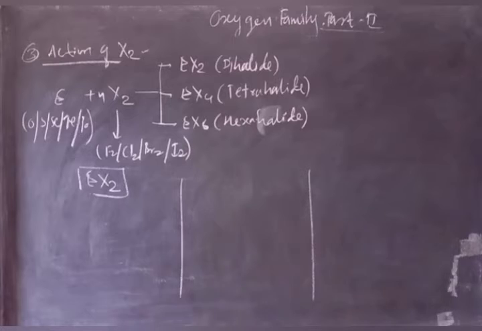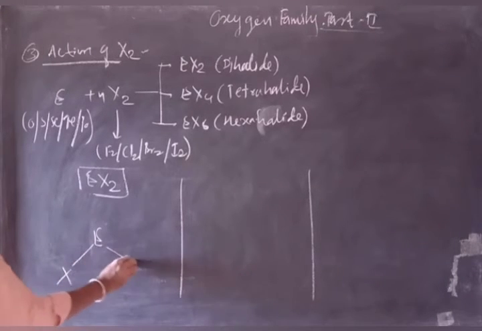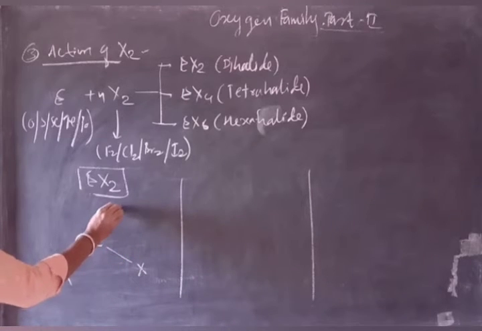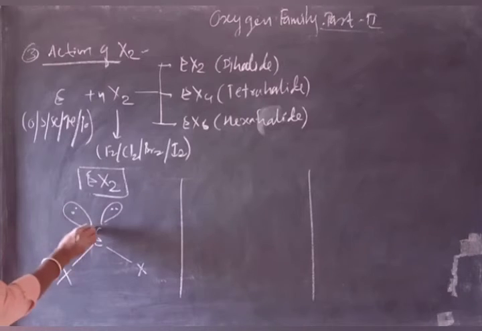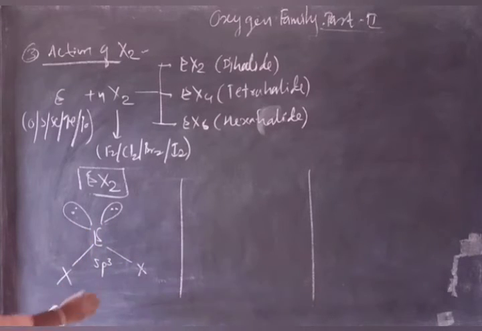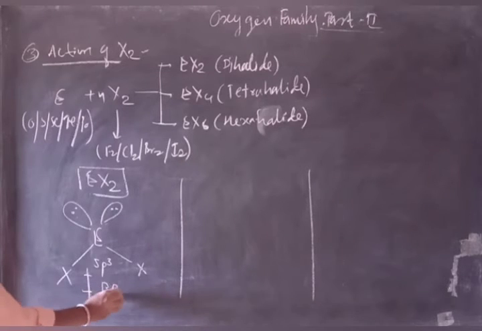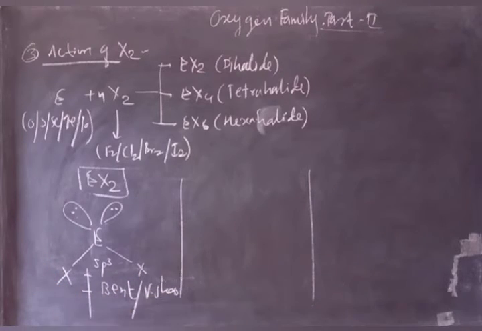Now this EX2 has a structure like this. E is at the center, with one halogen at one terminal and another halogen at the other terminal, and it has two lone pairs. So it has sp3 hybridization, because two lone pairs give sp3 hybridization, and it has a bent shape, or we can say a V-shaped structure.